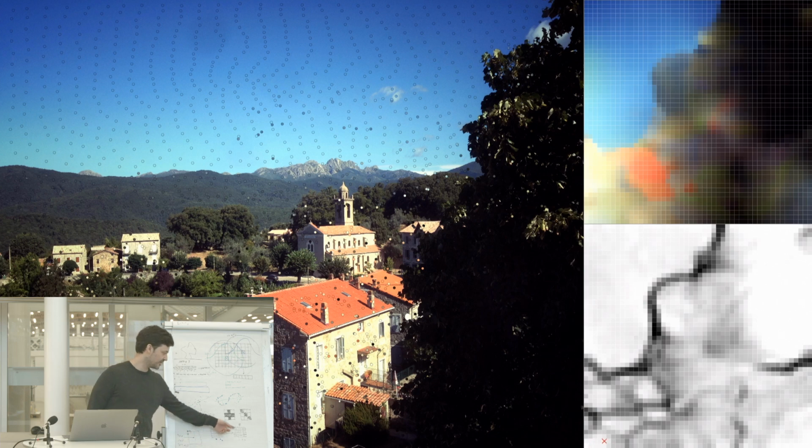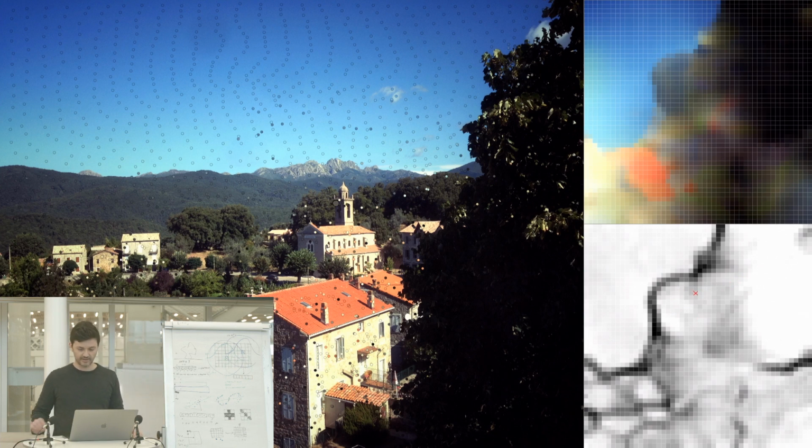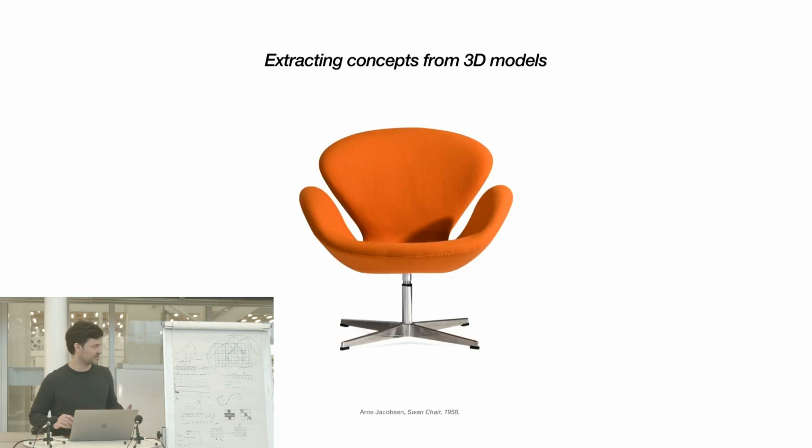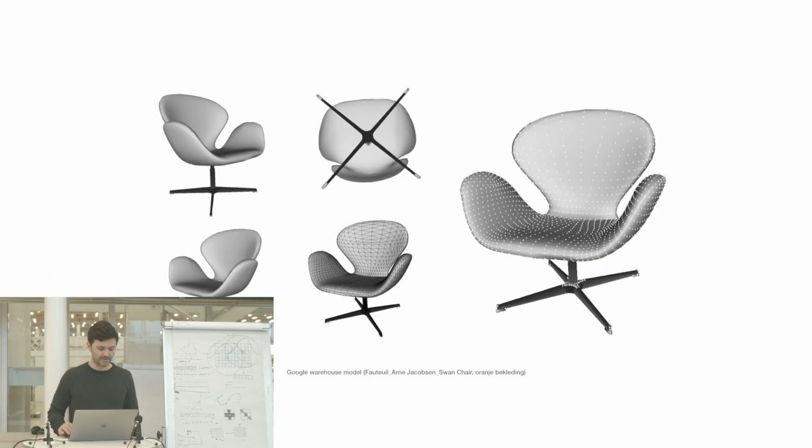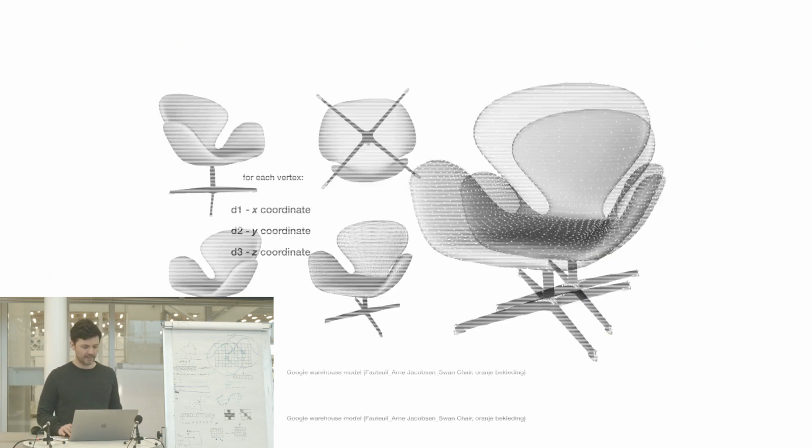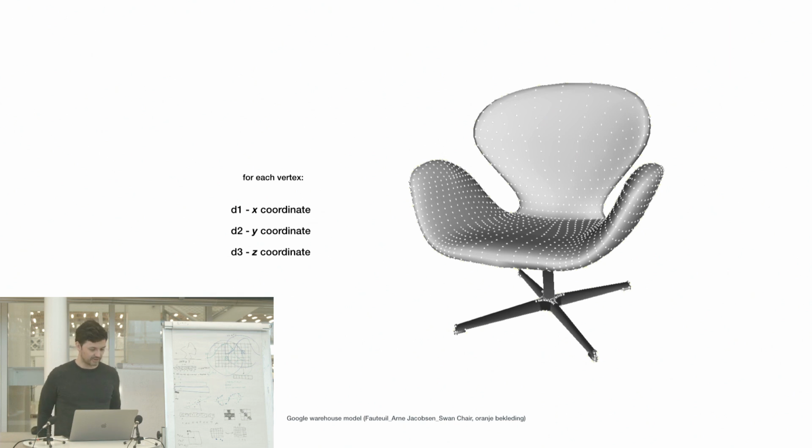Later I will show you how to then calculate how similar these pictures are according to these grayscale images on the right. But now our computational objects do not have to be an image. It can be literally whatever. So let's extract some information from a 3D model. I went to the Google 3D Warehouse library. I downloaded these models, and I just took the X, Y, and Z coordinates of each vertex of the model.